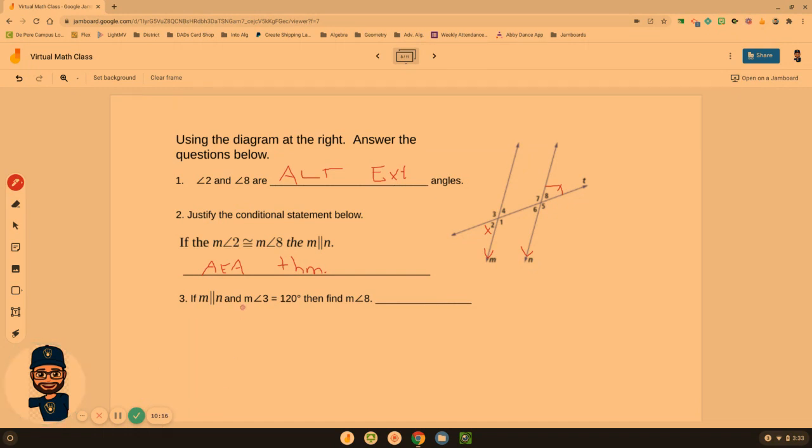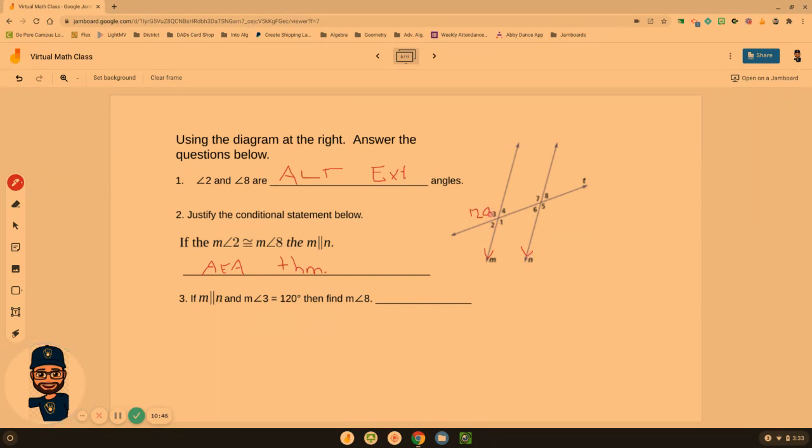Now, if we also know in this one that M is parallel to N, so now they're telling me the lines are parallel, and we know angle 3 is 120. We'd have to use that to find the measure of angle 8. Well, M and N are parallel means that corresponding angles are also congruent.